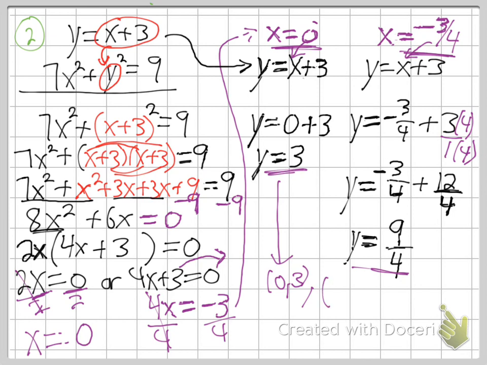That's the answer, negative 3/4, comma, 9/4. So there's the two answers with commas on that. Is that good? Questions on that one? Like you can do that with the greatest of ease? Or lots of pain? It's not too bad, right? It's just tedious.